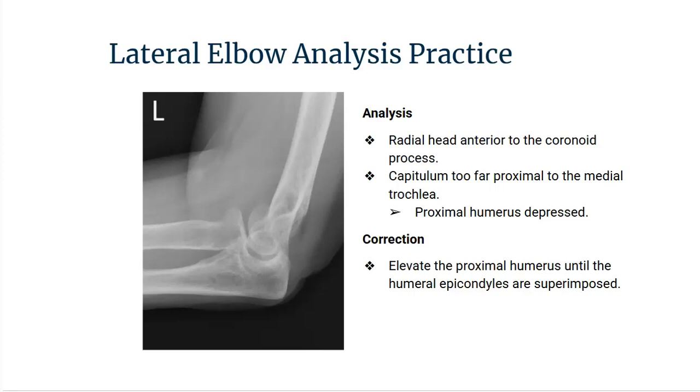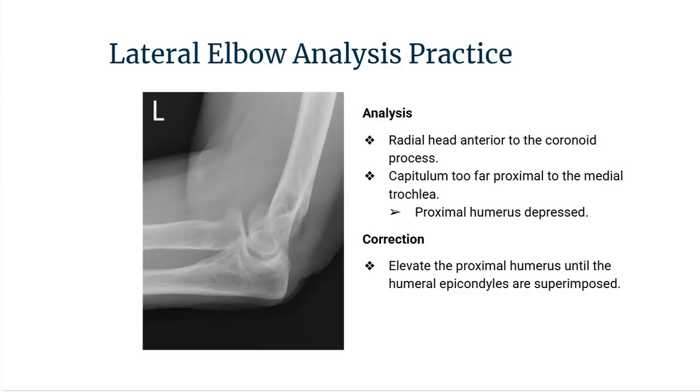When it moves away from the ulna, this should be indicative to you that the proximal humerus is depressed. Basically, the elbow is placed higher than the proximal humerus. In addition, the capitulum is too far proximal to the medial trochlea, another key indicator of the proximal humerus being depressed.